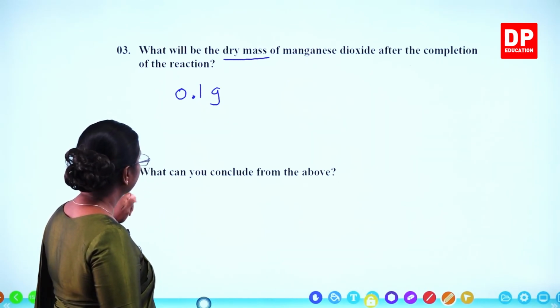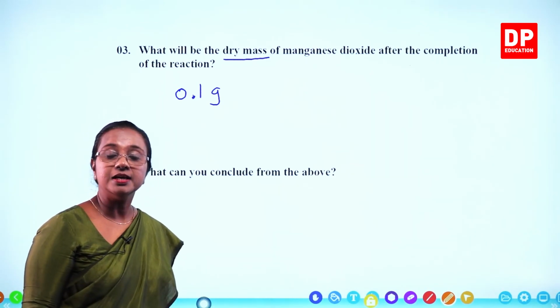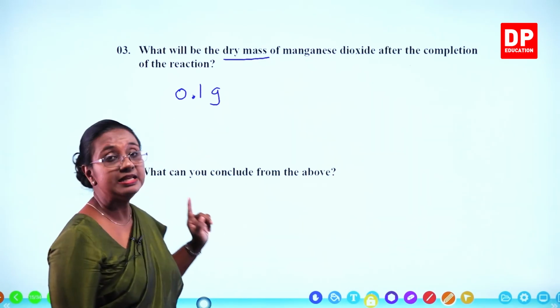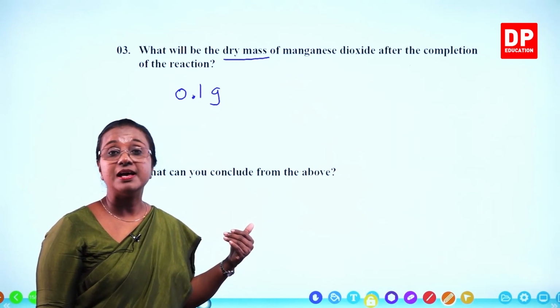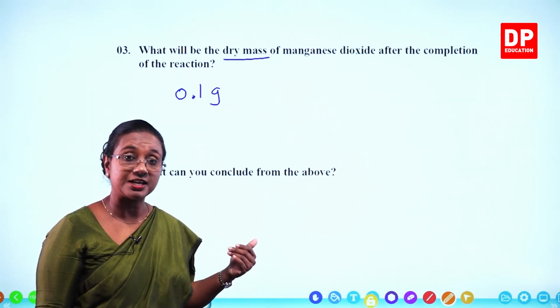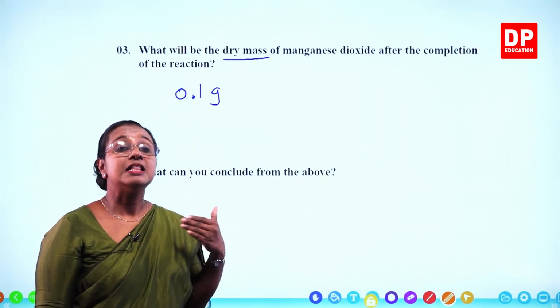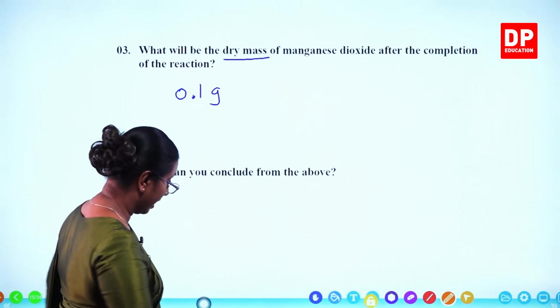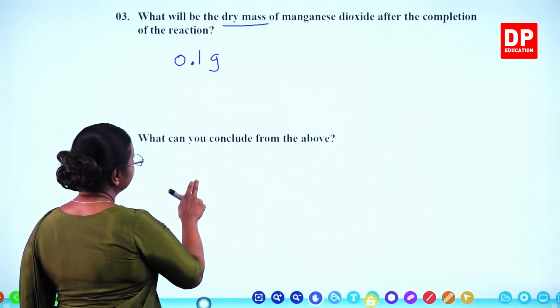Then the fourth one, what can you conclude from the above? What can you conclude from the above? Above means this. You get the same mass after the completion of the reaction. So that means the catalyst is not chemically consumed during the reaction. That is what you can conclude.